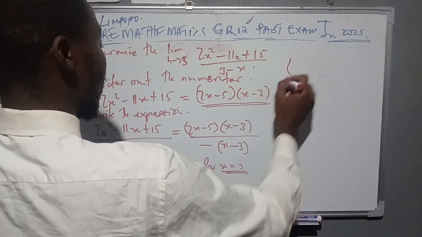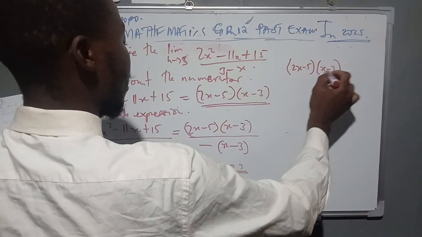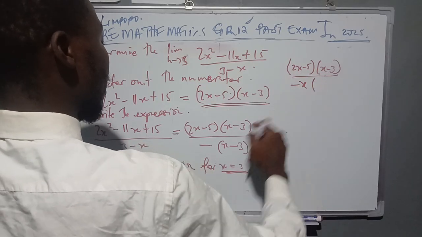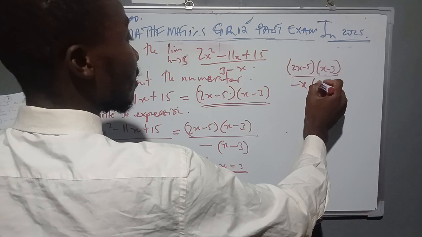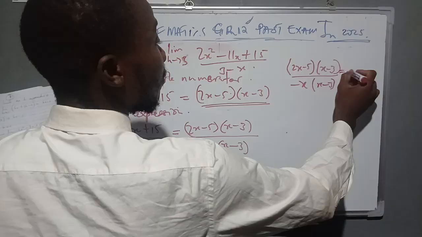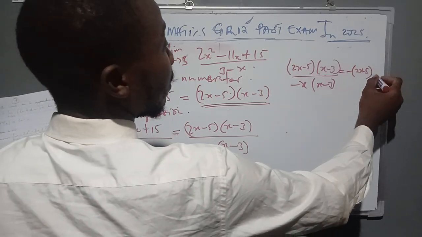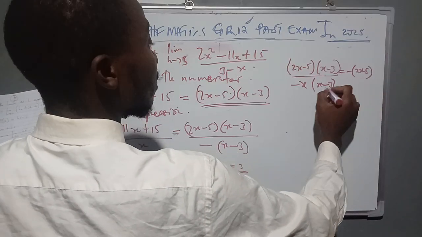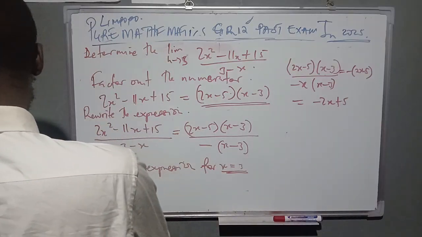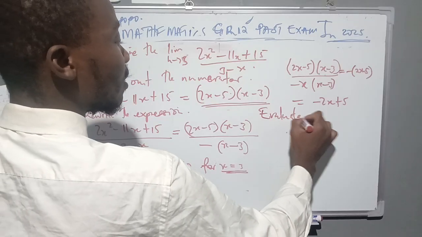So now that means we can say 2x minus 5, x minus 3 over minus x minus 3 equals minus 2x minus 5, which is equal to minus 2x plus 5, right? Then let's evaluate the limit.